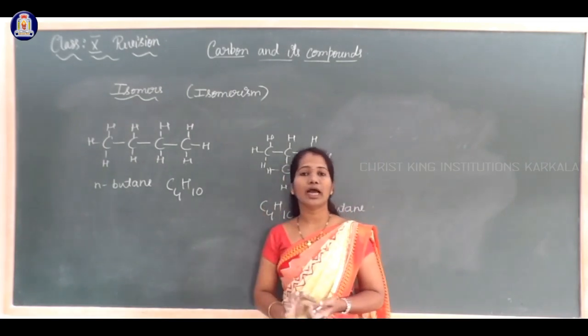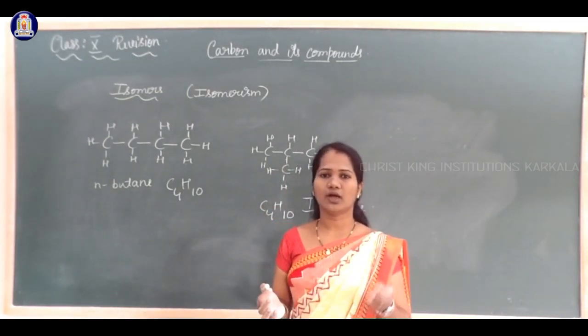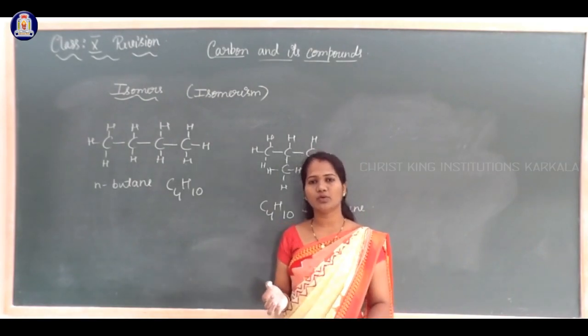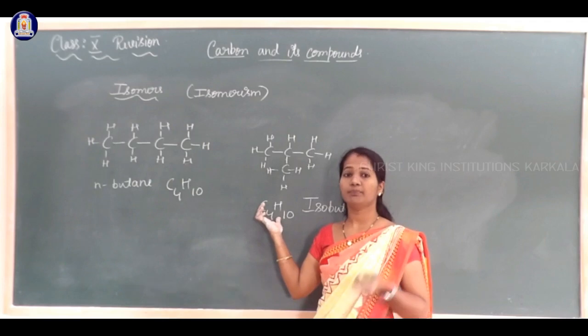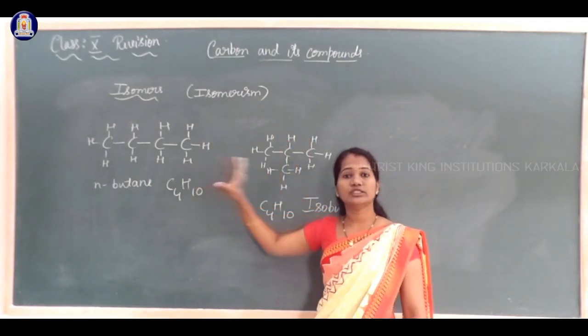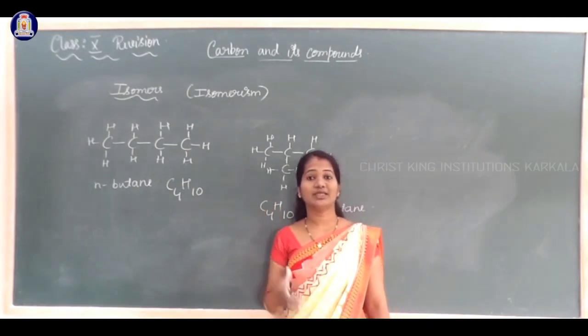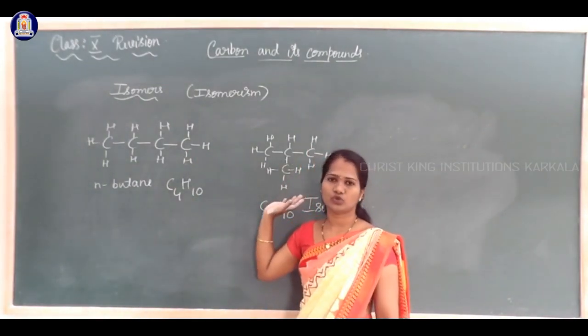They are called isomers. So what are isomers? Isomers are carbon compounds which have the same molecular formula but different structural formulas. They show different structures, and they are called isomers.